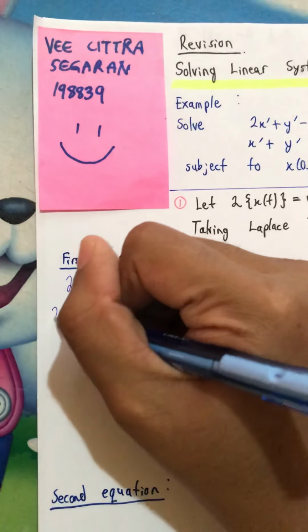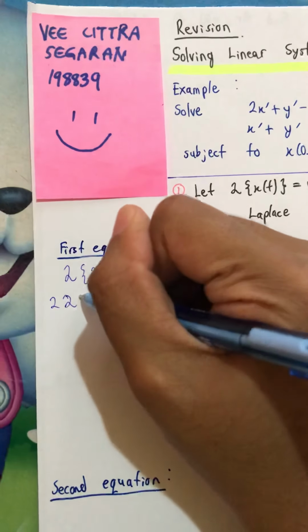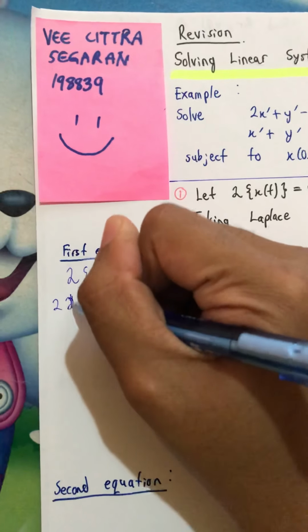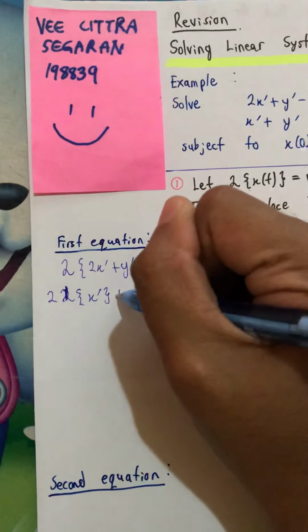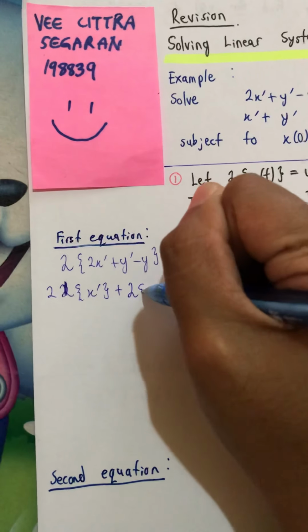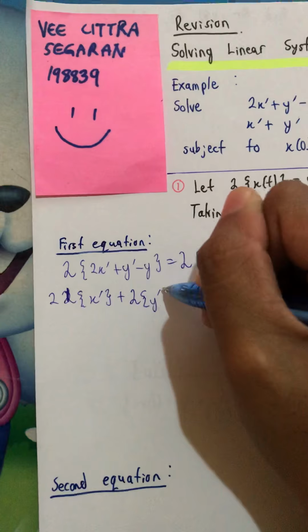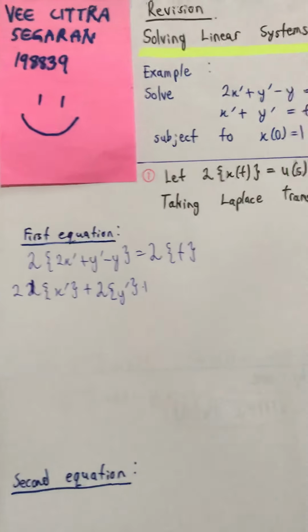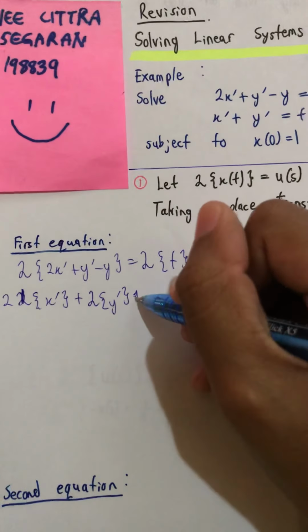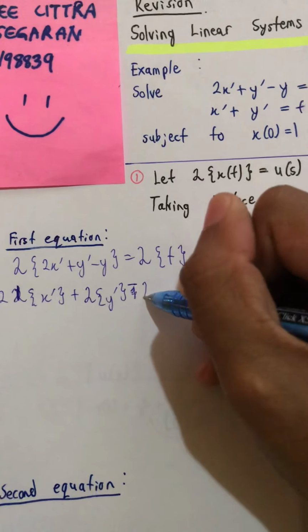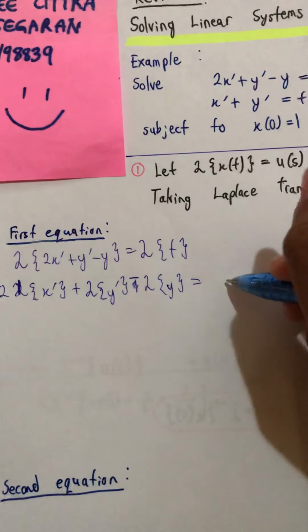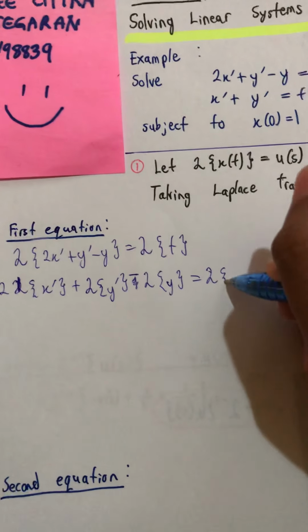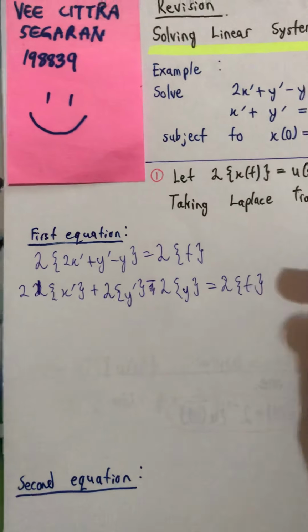So we get 2 times the Laplace transform of x' plus the Laplace transform of y', minus the Laplace transform of y, equal to the Laplace transform of t.